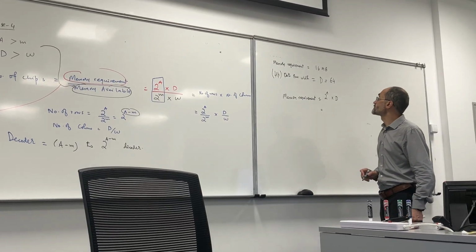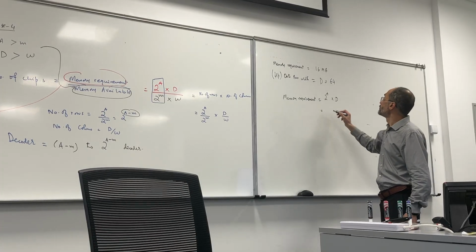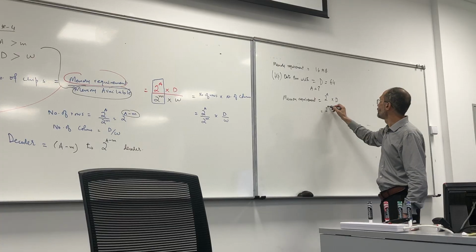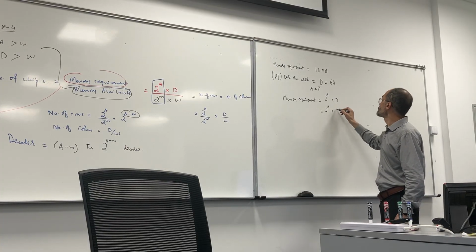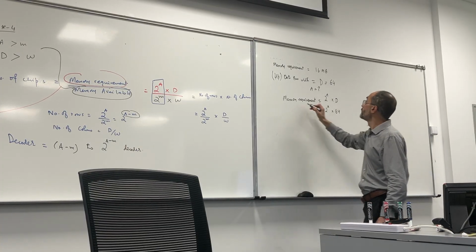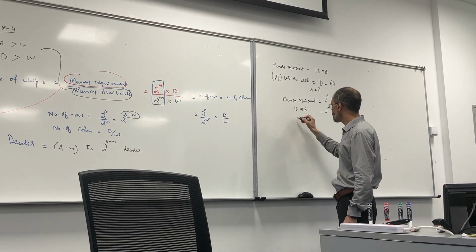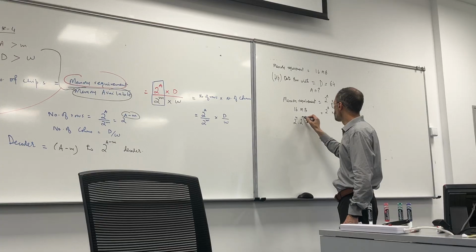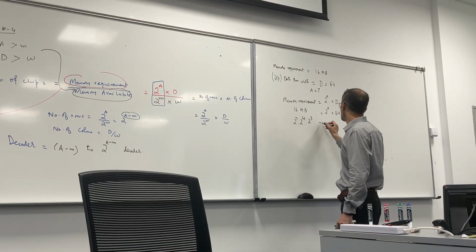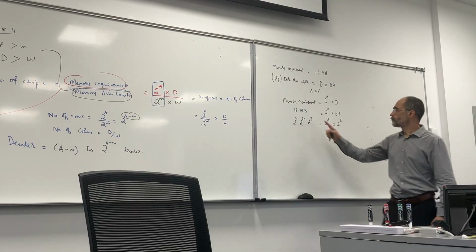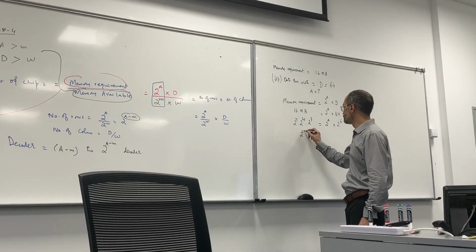So what is 2 is for A cross D? What's given? We need to find A. So 2 is for A cross D, and D is 64. The memory requirement is 16 MB, which is equal to 2 is for 4, 2 is for 20, which is 2 is for 8 cross 2 is for 6, and 2 is for 27.